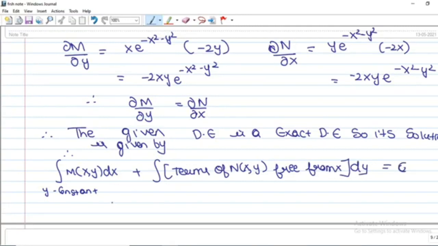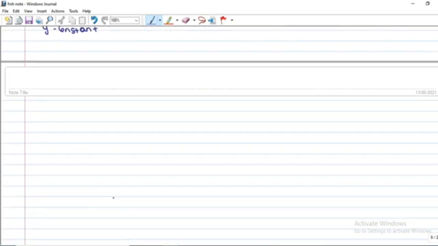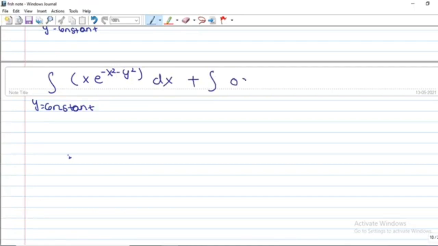If we substitute the values and see what we are getting, M is x e power minus x square minus y square into dx, and here we have 0 dy.